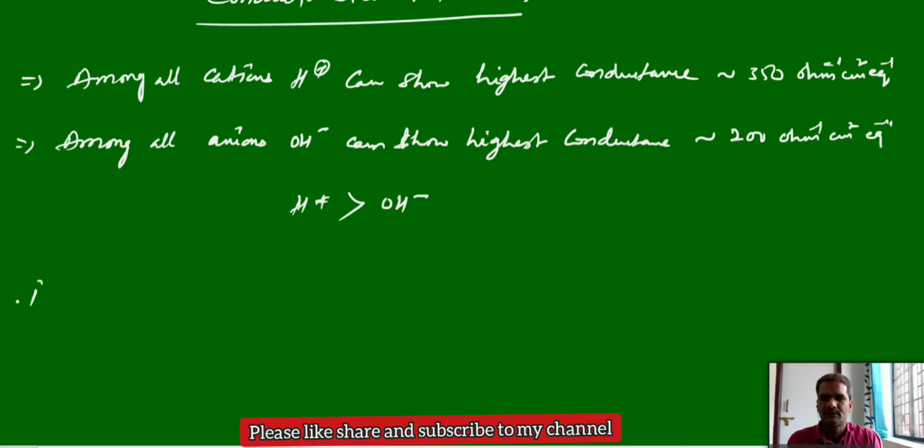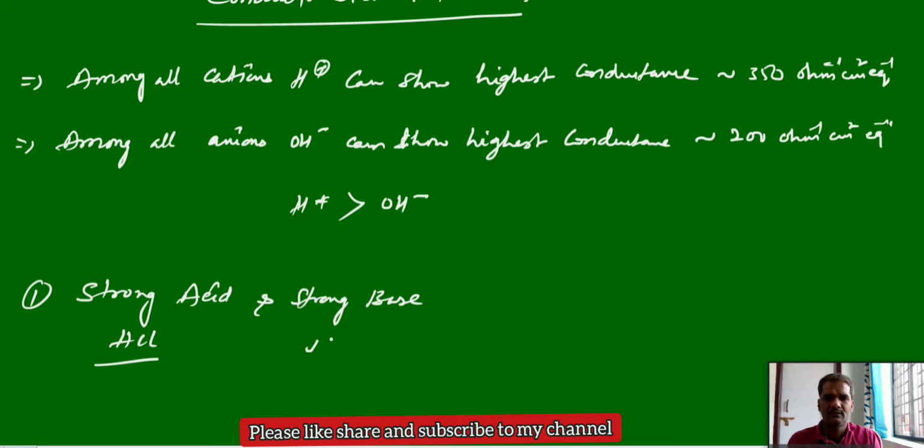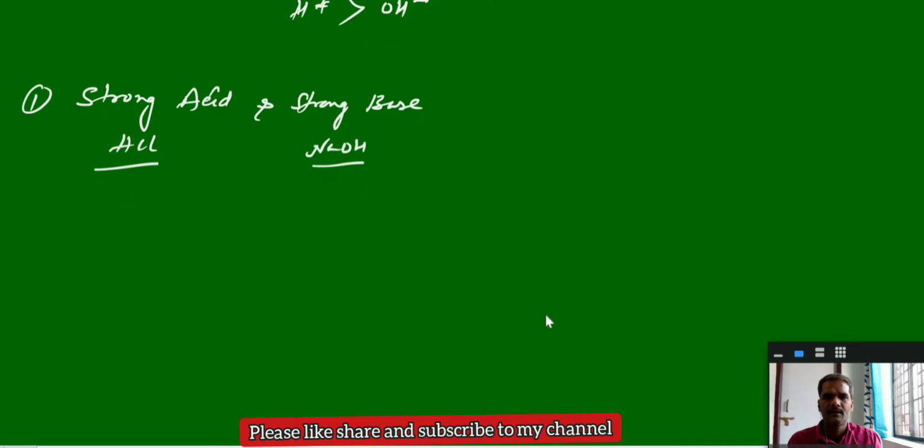First one, the titration of a strong acid with a strong base. The best example is HCl as the strong acid and NaOH as the strong base. For this titration, initially we take HCl solution in a beaker, and to this we add NaOH drop by drop.